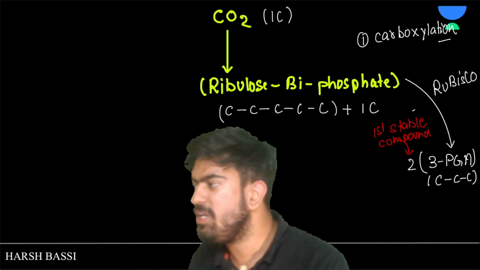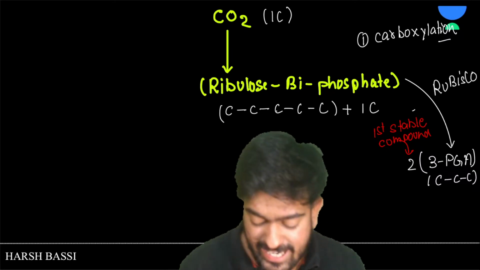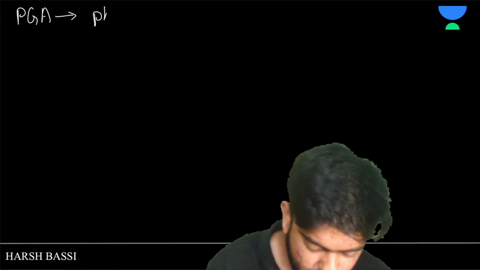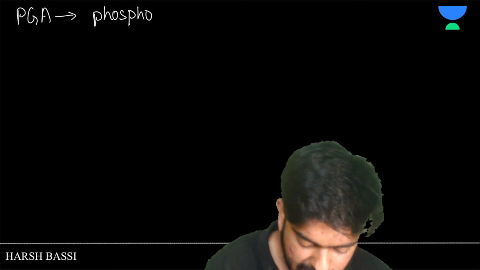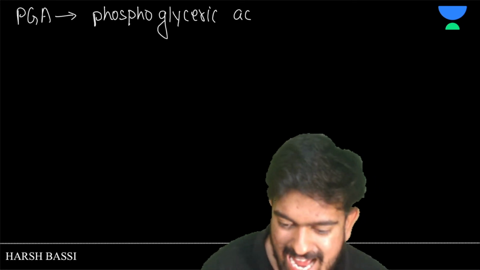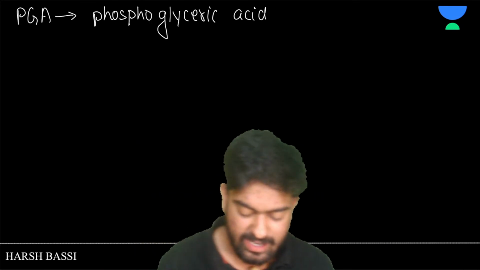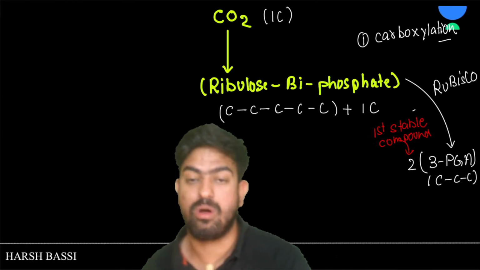But if I talk about 3-PGA, it is phosphoglyceric acid. PGA is phosphoglyceric acid. And how many of you have your organic chemistry strong?